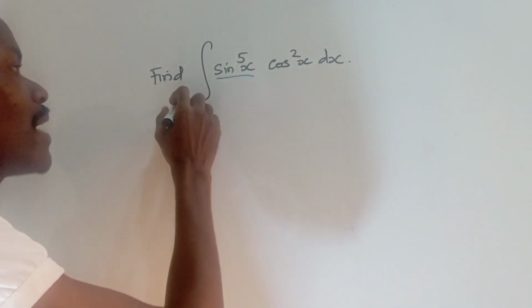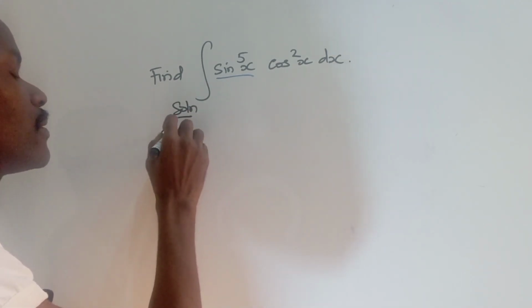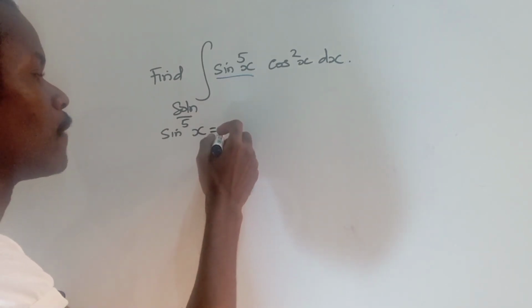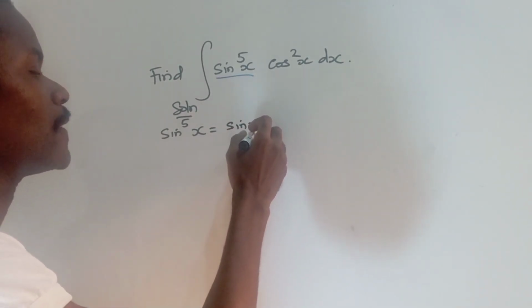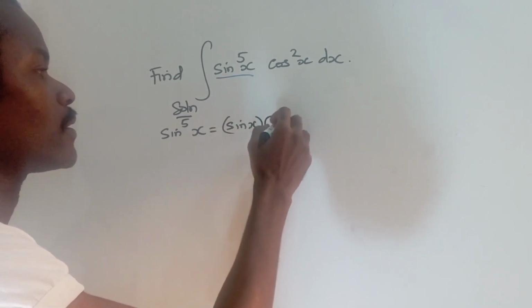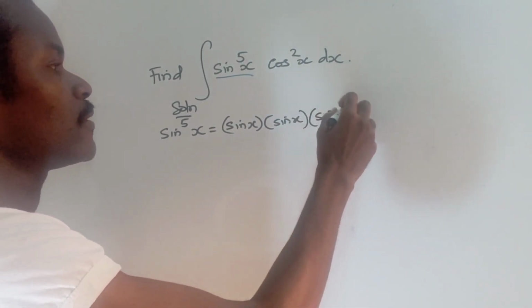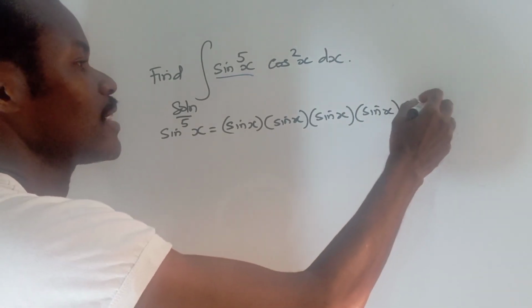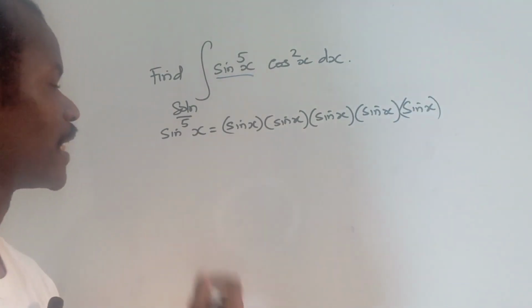Now, our solution to this problem: sine x to the power of 5 still means sine x multiplied by sine x, multiplied by sine x, multiplied by sine x, and multiplied by sine x. I just want to show everything clearly.